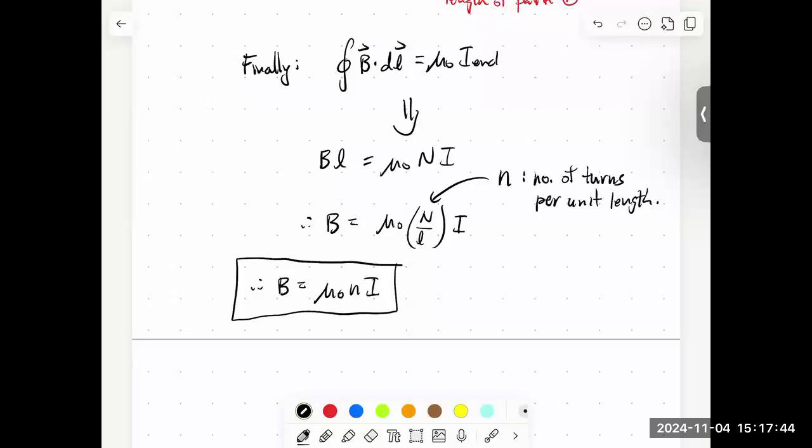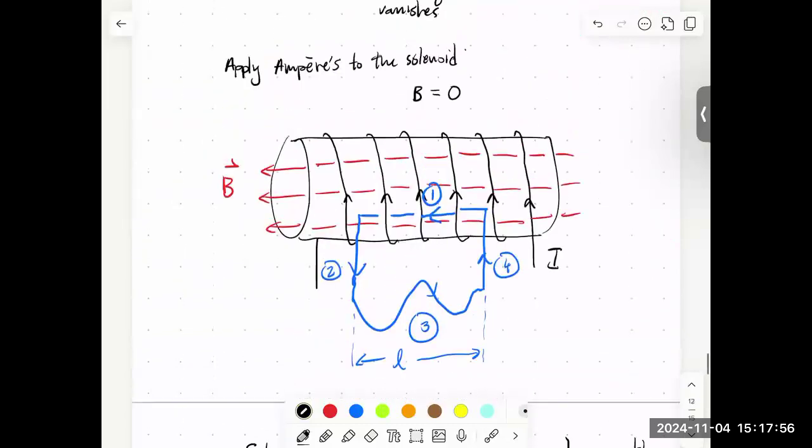One nice thing about this result, and I'll finish in just 30 seconds, is there's no position coordinates. So if I picked my path to be, say, up here instead for path 1, nothing would have changed in the calculation. We would have got the same result.